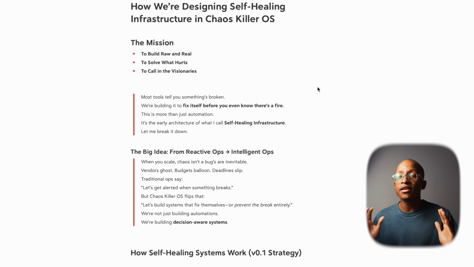The main overarching mission for Killer Chaos OS is ultimately to fix itself before you even know what's going on, and give you the solutions you can take, the actionables to say, hey, we need to take XYZ actionables to solve this before it even spirals out of control, giving you full control over the entire ops overview.